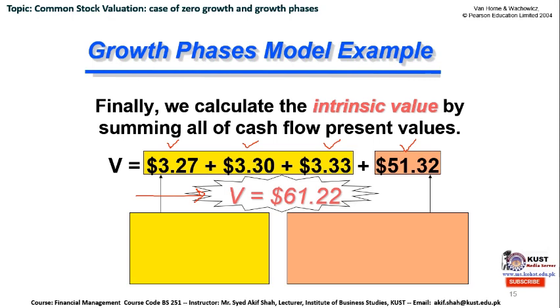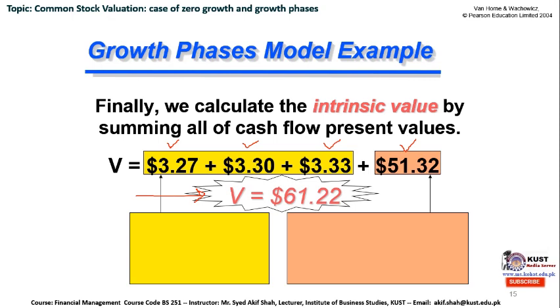$61.22. So now it's time for the investor to take the decision. If someone is selling this common stock at a price equal to 61.22 or nearby, the investor will probably go for investing their money into this common stock.